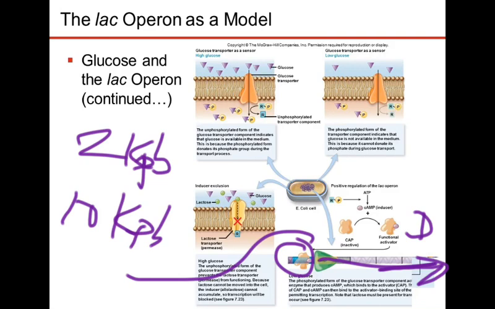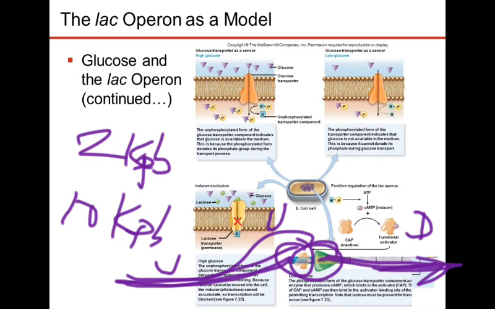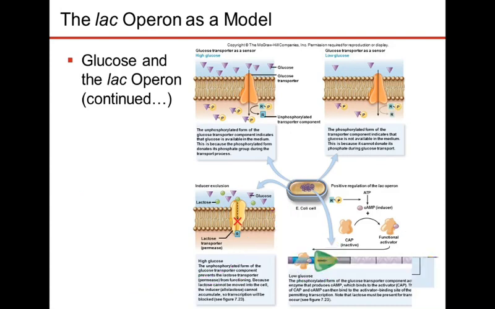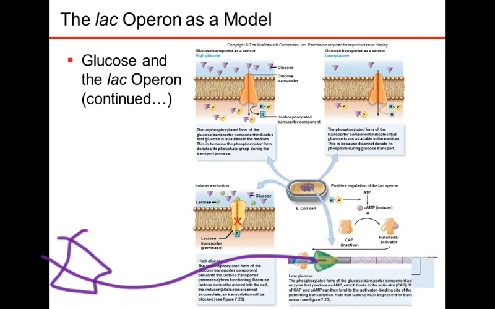And we'll call this area up here upstream. So things that are over on this side we'll call upstream of the promoter, and things that are over here we'll call downstream. And most activator binding sites are going to be upstream. There's a few that are downstream, but most of them are going to be up somewhere in front. And that somewhere in front might be very close, like in bacteria, or very far away, like in eukaryotes.